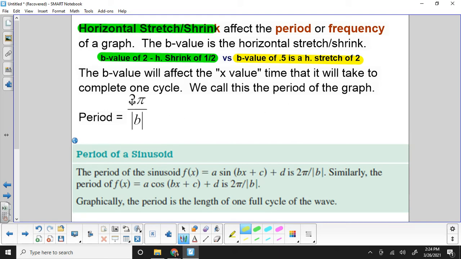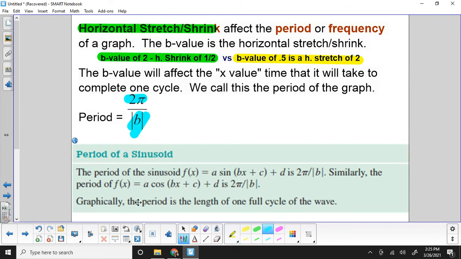Because the period of each of these functions is normally 2 pi, to transform it given a horizontal stretch or shrink, we're going to take 2 pi and divide it by the absolute value of B. This allows us to account for the start and end of one period of the graph. You'll see how we space this out soon.